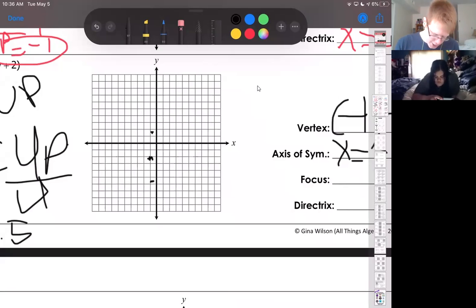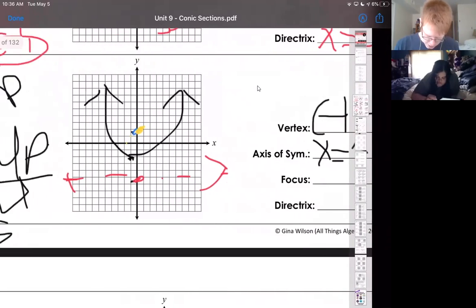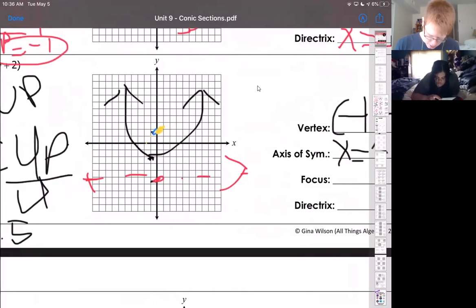Since we said it opens up, our parabola is gonna look something kind of like that. This yellow point, this would be your focus point. This red point would be your directrix line. So your focus is, like I said, that yellow point.